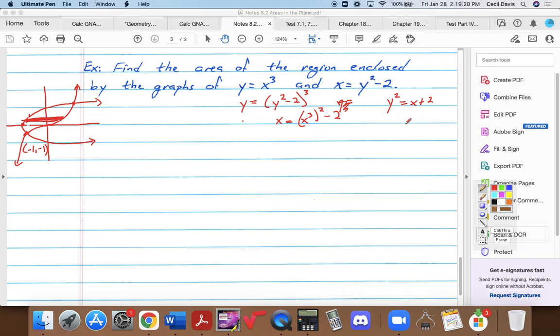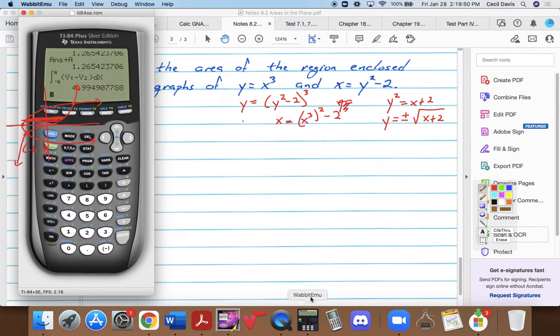Okay? On a problem like this, it is likely that they're going to give you the intersection point. Not for certain, but it's likely that they'll give you the intersection point because it is kind of ugly. I don't know what it is. We could find it though. This is y is plus or minus the square root of x plus 2. So on a calculator, I could go, okay, I only want, this is clearly the positive part. So the square root of x plus 2.